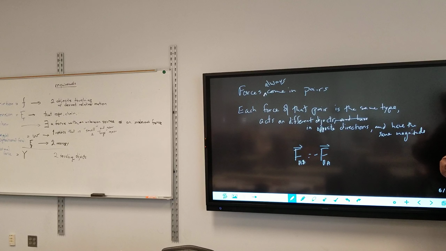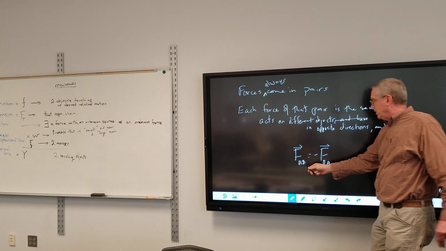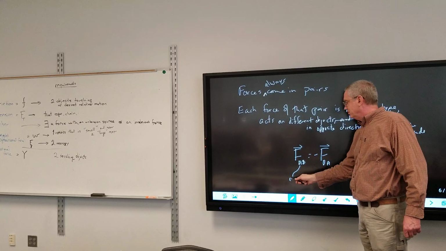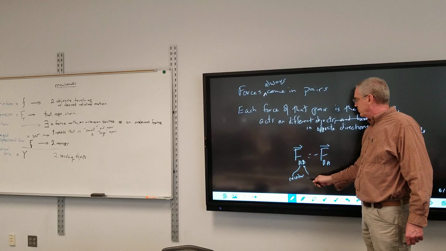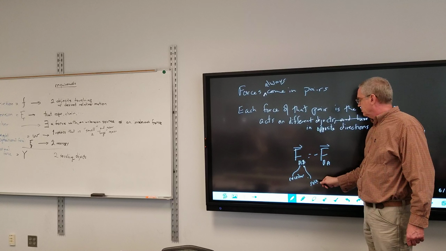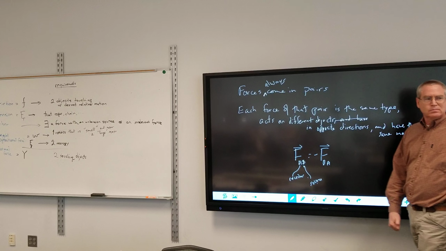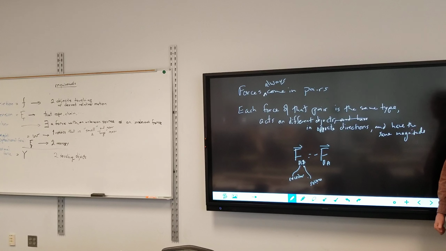The second letter is what's causing that force. So this would be the receiver and the source. When we do a force diagram, we will be drawing forces on the receivers.